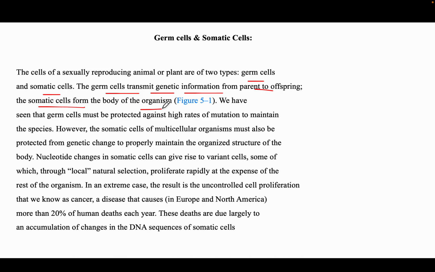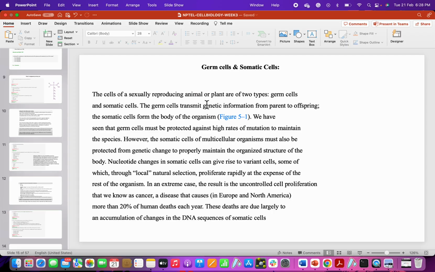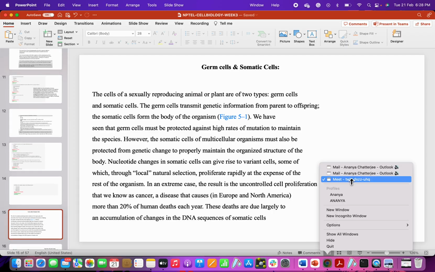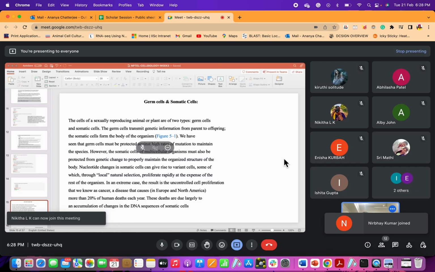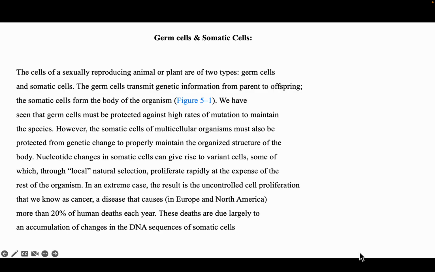We have seen that germ cells must be protected against high rates of mutation to maintain the species.